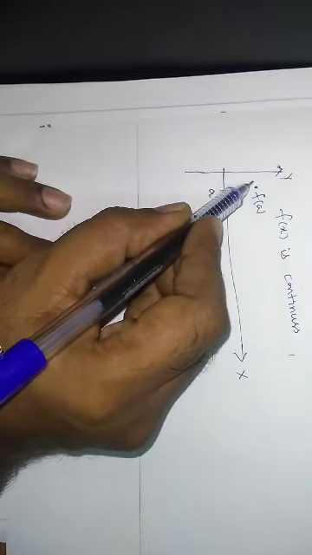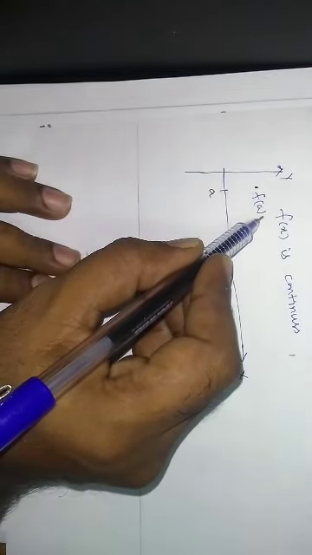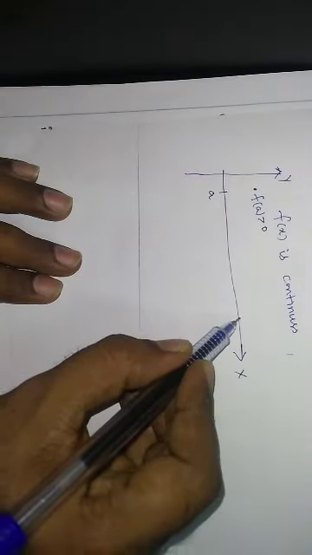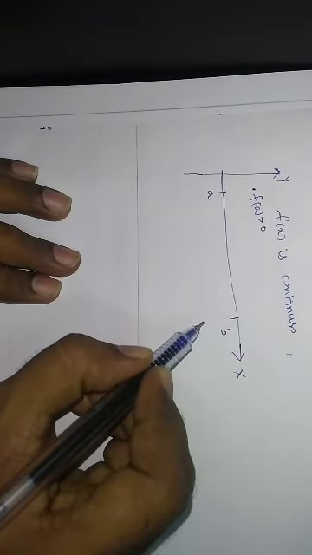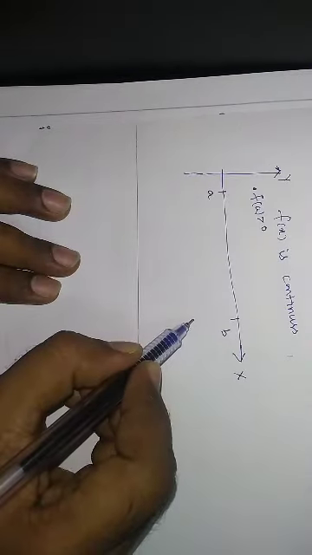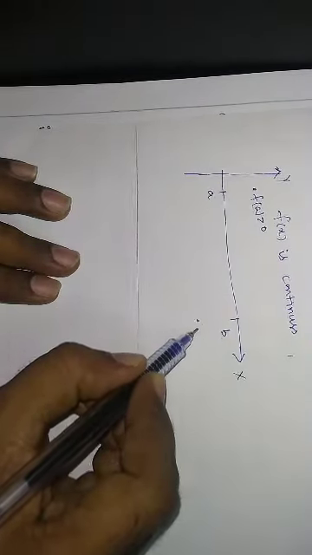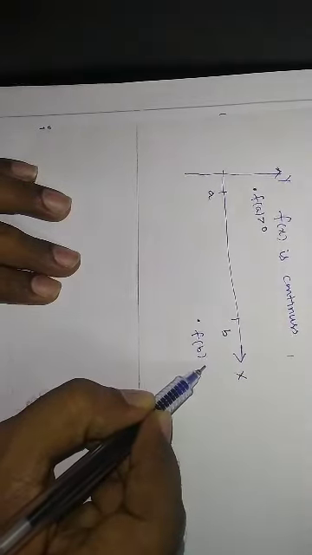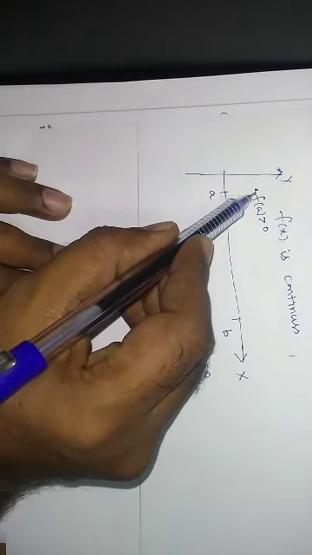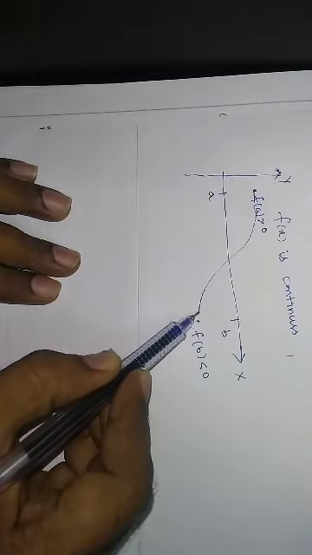That means it will lie on the positive side of y. And at a point B, if it is a negative value, then it will take a negative y-axis value. If it is a continuous function, then the curve will be definitely like this.